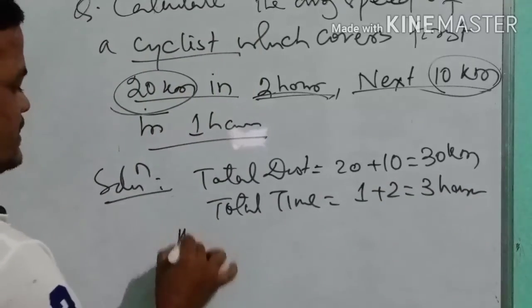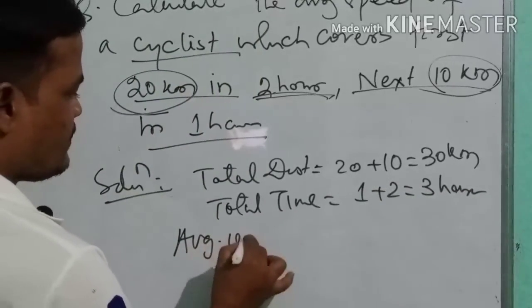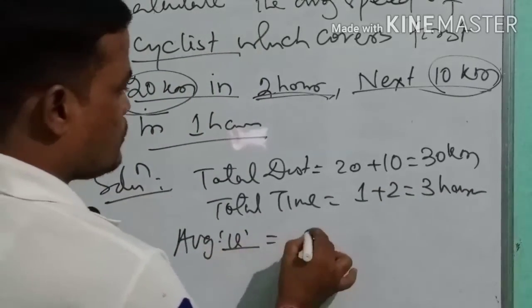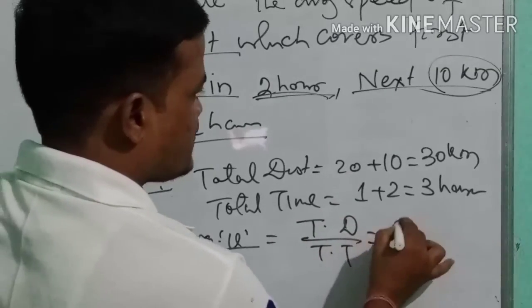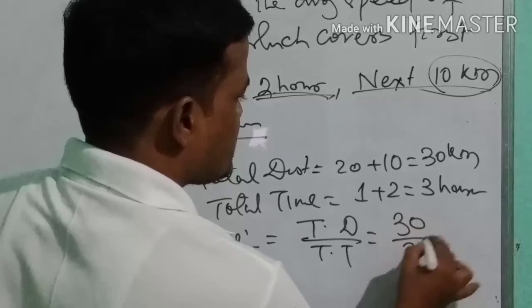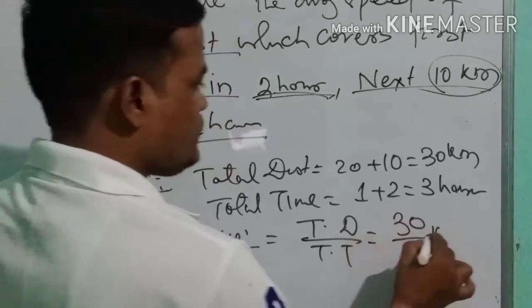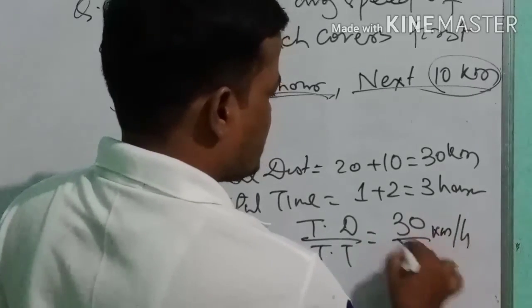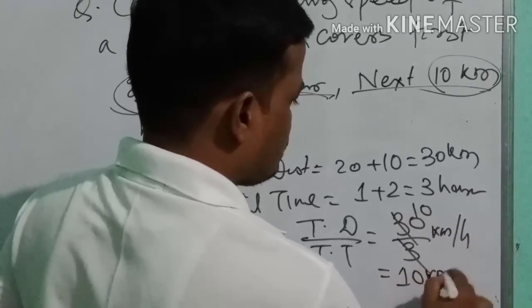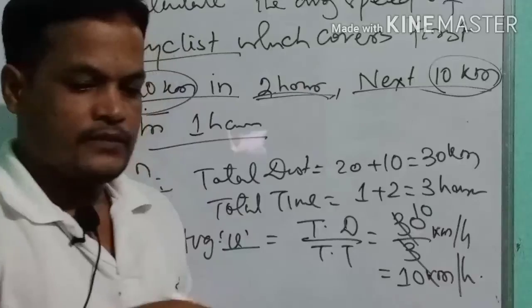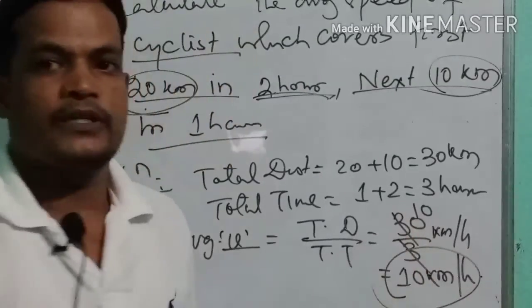So average speed is equal to total distance by total time, that is 30 by 3 kilometer per hour, that is 10 kilometer per hour. Friends, this is the result, 10 kilometer per hour.